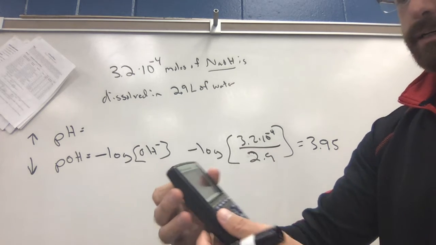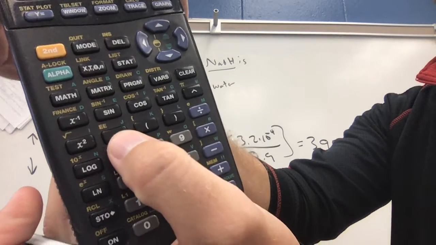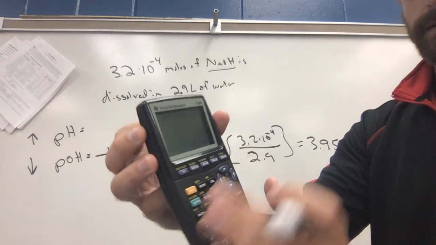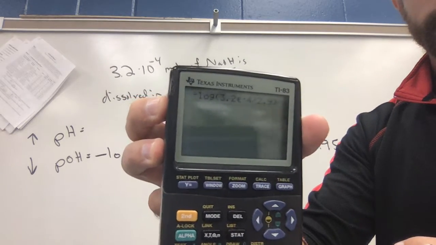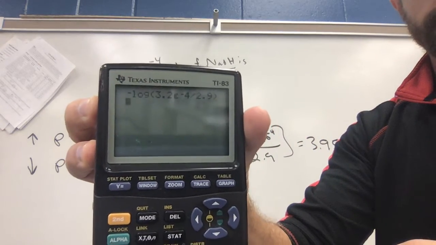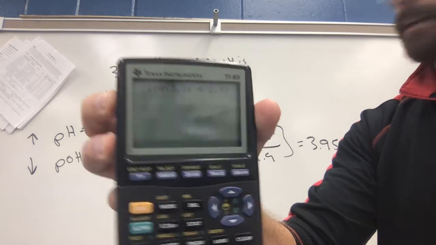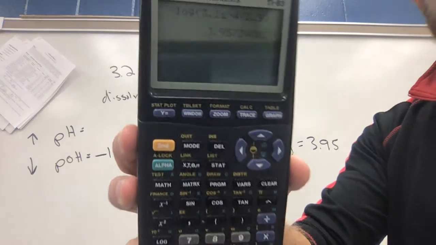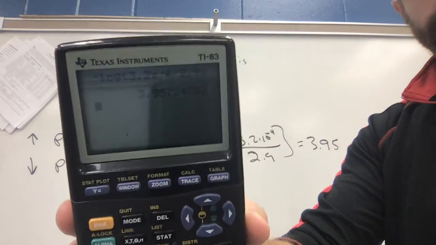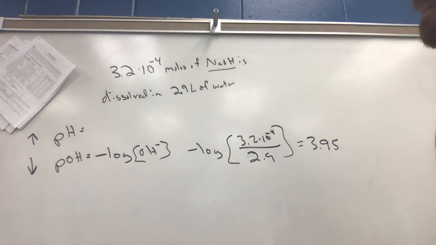If you have an EE button like this, it will automatically bind all the stuff together, so you don't have to do the parentheses around the scientific notation stuff. So negative log of 3.2 times 10 to the negative fourth divided by 2.9, and that gives me, again, 3.95, the same thing there. I don't know how well you can see that. 3.957, so I guess 3.96 if I'm rounding more carefully.